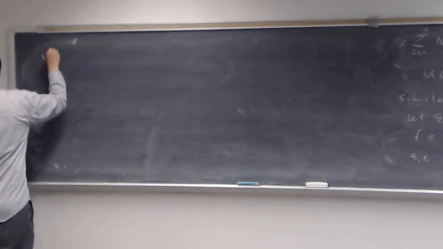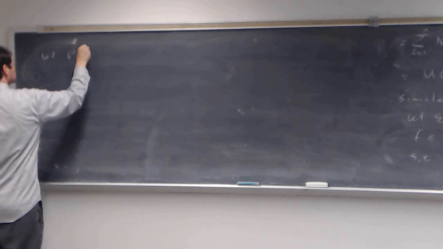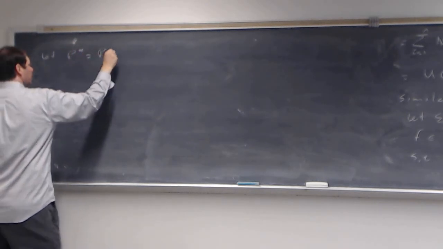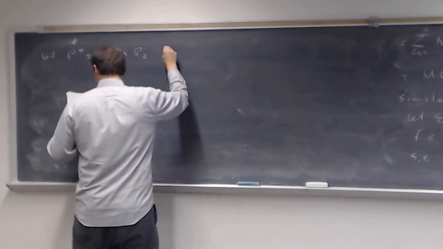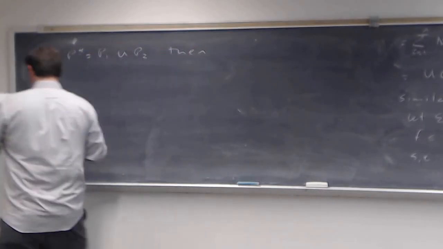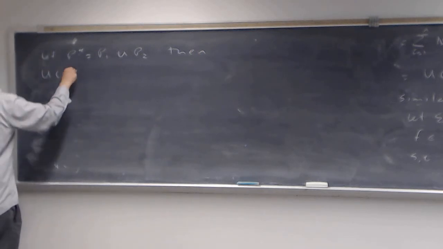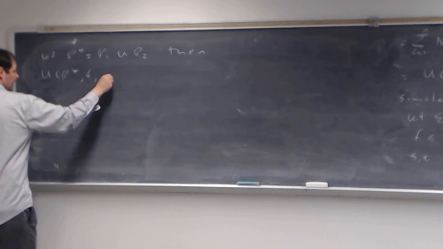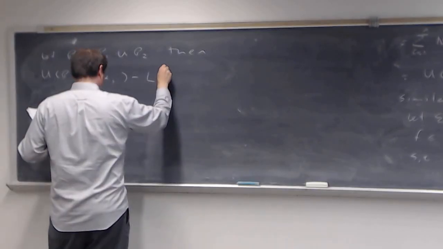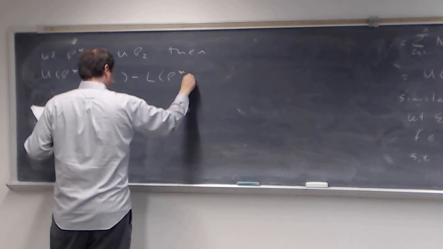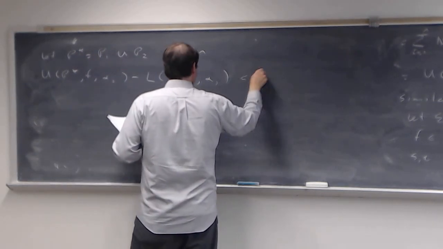So let P star equal P sub 1 union P sub 2. Then what we have is this statement that the upper sum of P star, f, alpha sub j minus the lower sum of P star, f, alpha sub j is going to be less than epsilon over 2.